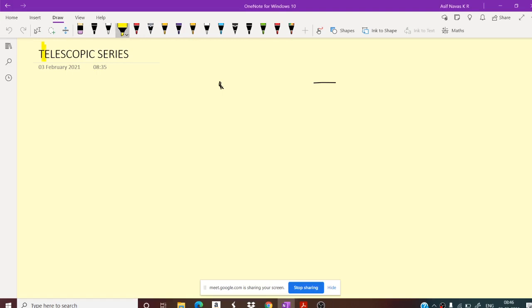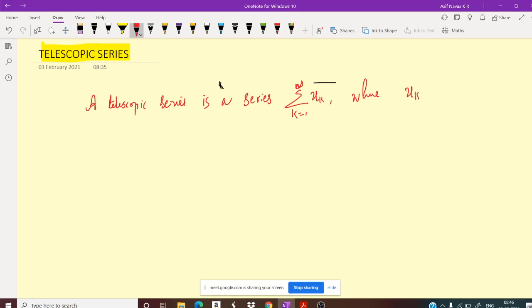Today we will discuss what is a telescopic series. A telescopic series is a series, sigma k equal to 1 to infinity uk, where uk can be written as tk minus tk plus 1, for some series tk.